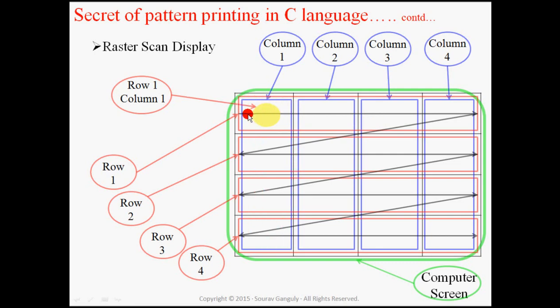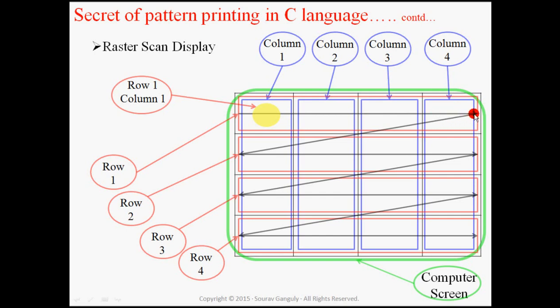This blue color represents the columns and this red color represents the rows. The raster scan system always prints row-wise symbols. That means row 1 column 1 is printed first, then row 1 column 2, then row 1 column 3, then row 1 column 4.